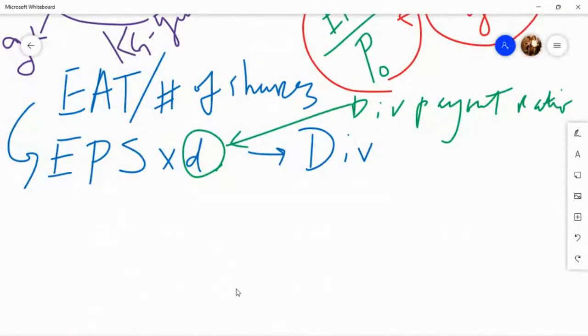But think about it. How much do they pay out? A company that is fast growing, so-called growth firms, they don't pay out dividend. In other words, for growth firms, the dividend payout ratio is 0, right? They need to grab every penny and reinvest it into their growth.